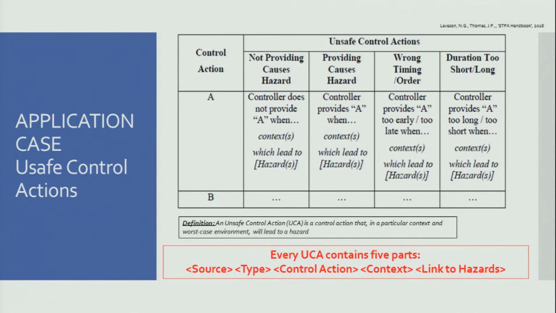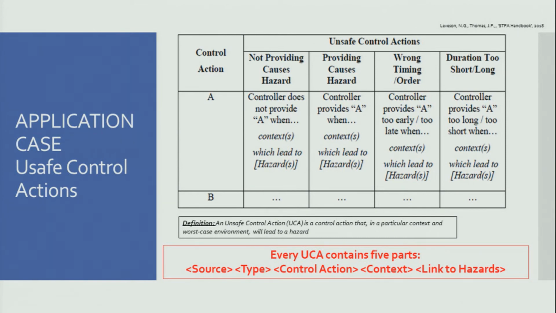There is the control action A, and then the possible cases: not providing, providing wrong, wrong timing or order, or duration too short and too long. And every time you need to write something like: controller does not provide this control action when this is the context, and in this case you also have to say which is the hazard that is going to come out from this unsafe control action.